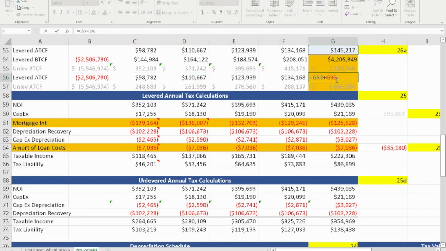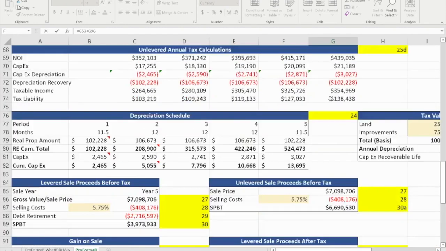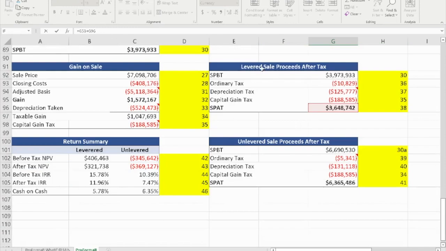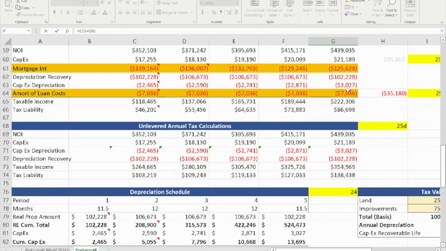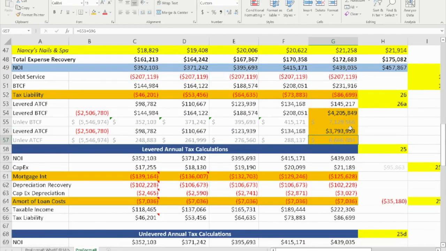We're going to do the levered after tax cash flow plus the levered sales proceeds after tax, which is G96, which will give us the amount we're going to walk away with for year 5.